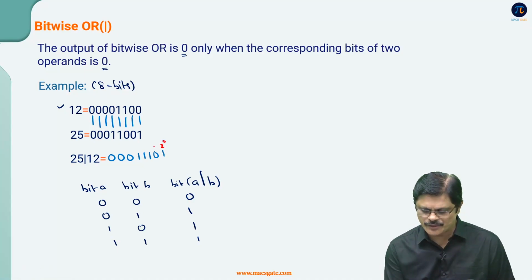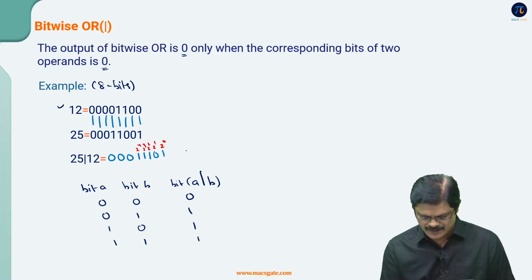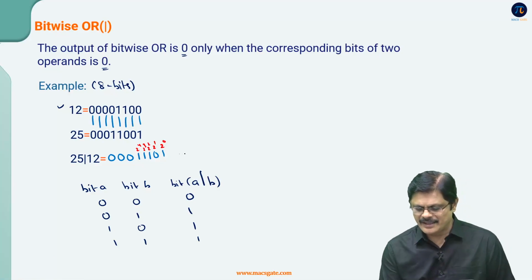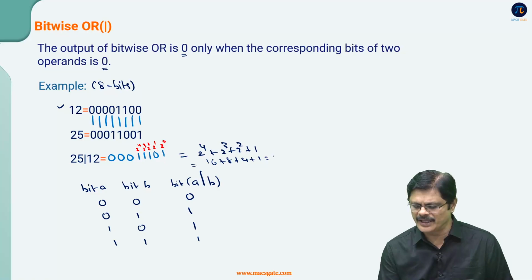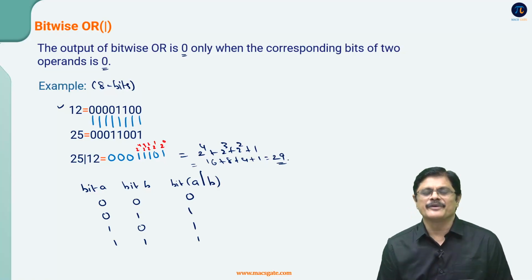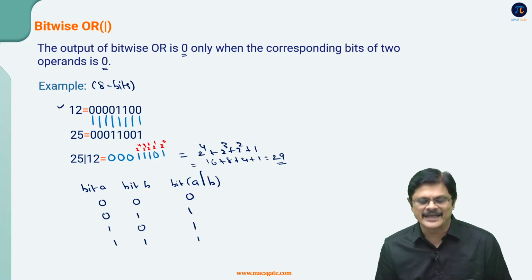It is 2 power 0, 2 power 1, 2 square, 2 cube, 2 power 4. The corresponding decimal number is 2 power 4 plus 2 cube plus 2 square plus 2 power 0, which is 1. So, it is 16 plus 8 plus 4 plus 1, which is nothing but 29. So, the bitwise OR operation between 12 and 25 is 29.